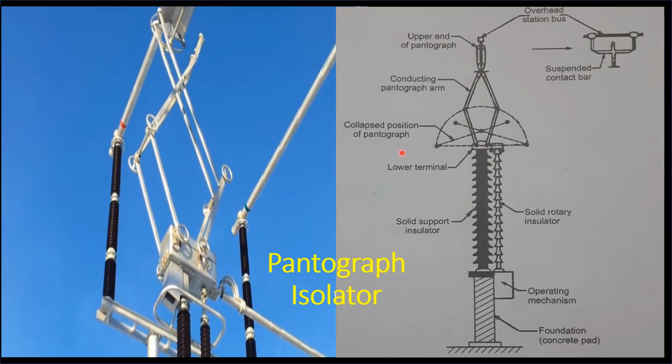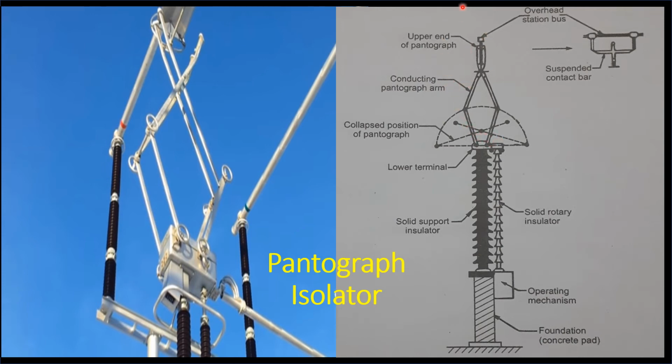Here in the right side diagram you will find the illustration of construction details of pantograph type isolator. You will find a special arrangement or special operating mechanism for the vertical movement of this conductor. This conductor also has two different parts, upper end and bottom end.